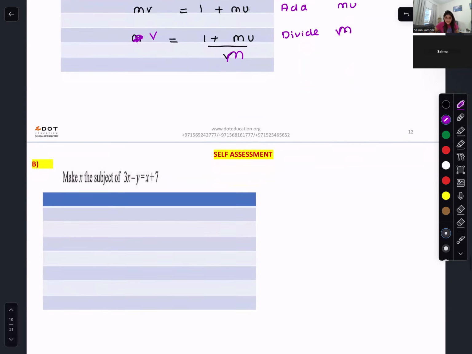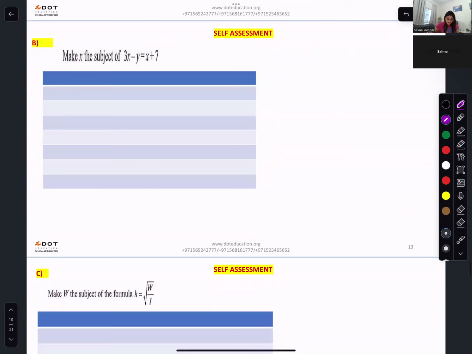Okay, let's go ahead. Make X the subject. The question is 3x minus y is equal to x plus 7. You want x on one side only. So what I will do is remove x, that is minus x from both the sides.